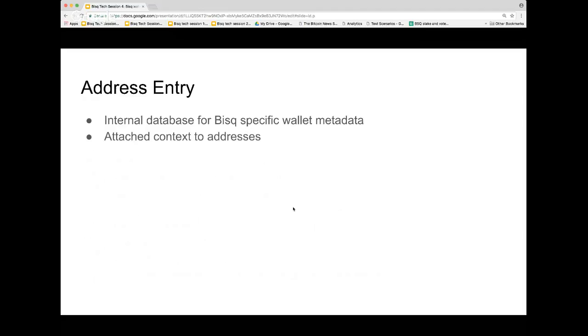And that's the second thing I regret having done that way. I was not aware at this time that there is an extension mechanism in the wallet. So we could probably have added this metadata directly in the Bitcoin wallet. And that would avoid problems like when the user has a crash and one of the two files, either the Bitcoin wallet or our internal database, was not stored, then you're out of sync and you have troubles.